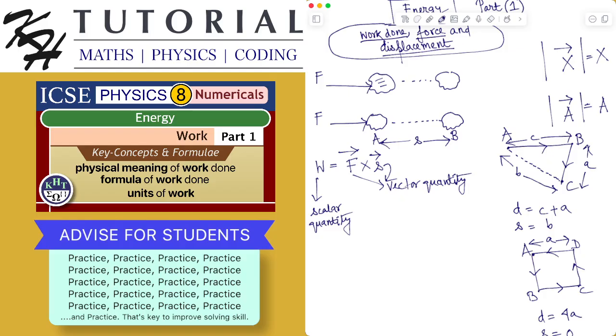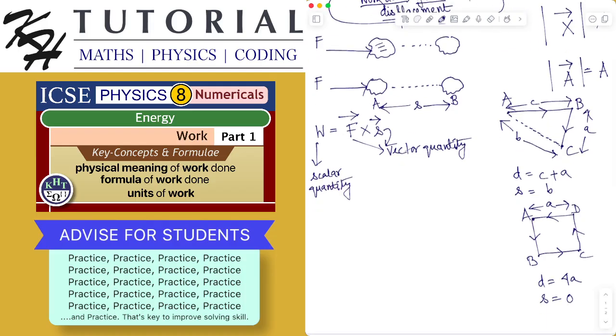Okay. Now let's quickly discuss what will be the unit of work done. The unit of work will be equal to the unit of force multiplied by the unit of distance, since it's the product of force and displacement.